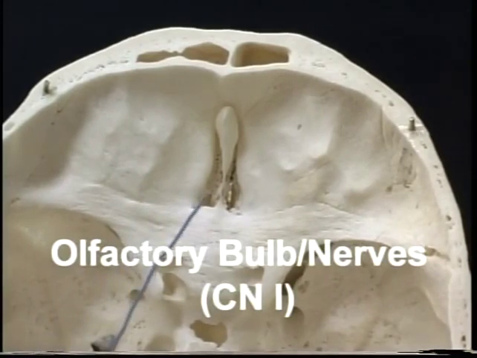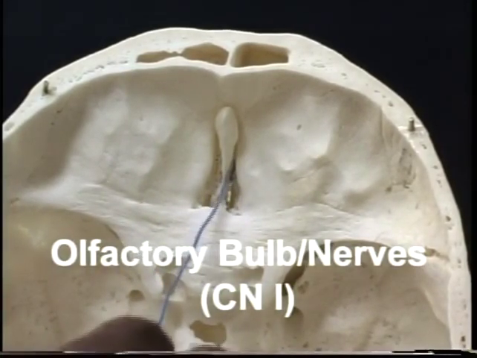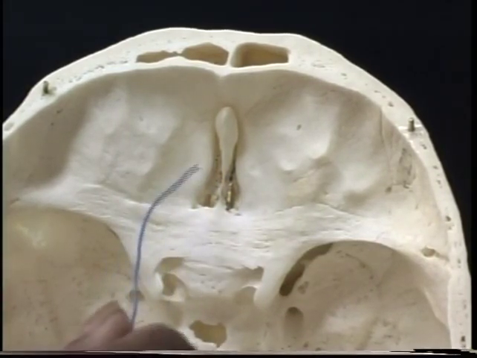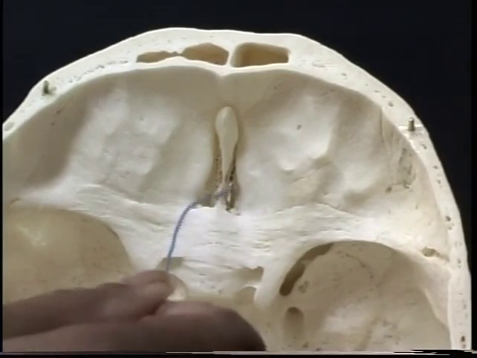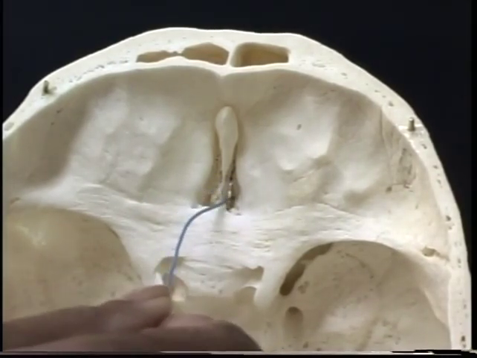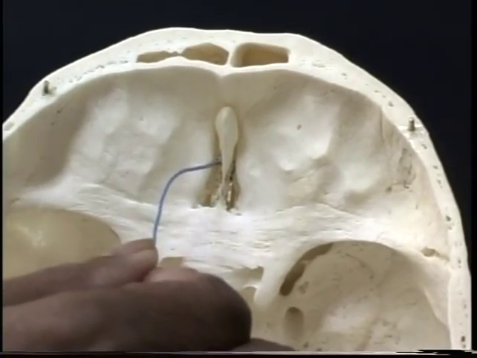The olfactory bulb and the olfactory nerves are lying in this area. The olfactory nerves, which are the first cranial nerve, leave the skull through these openings and enter into the nasal cavity.